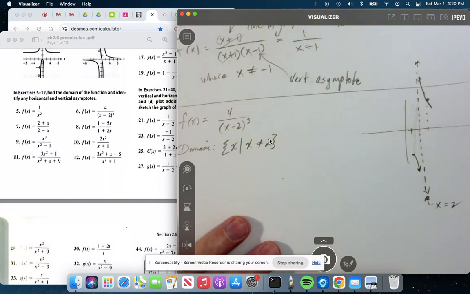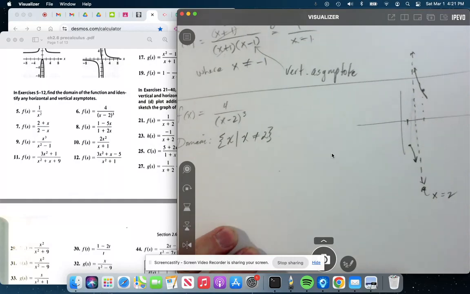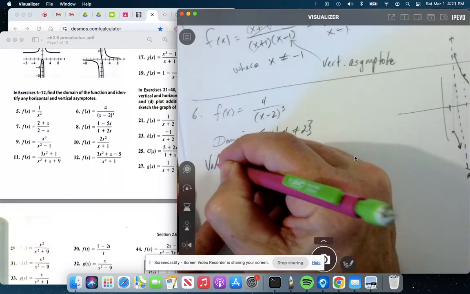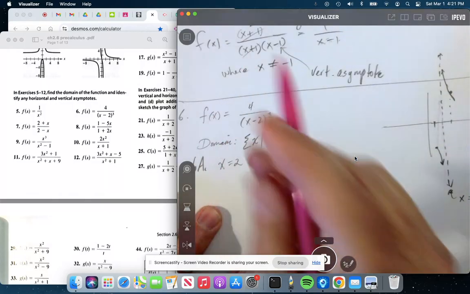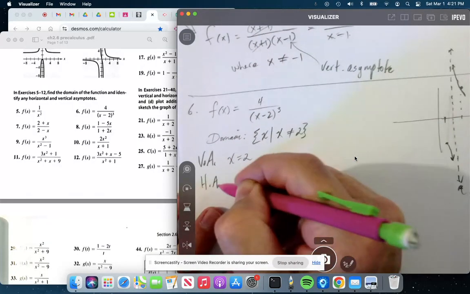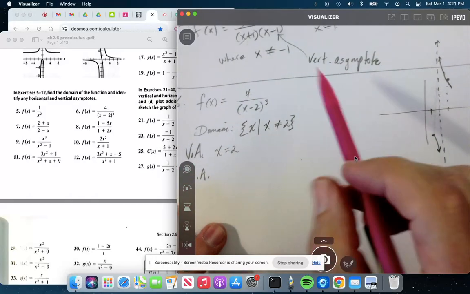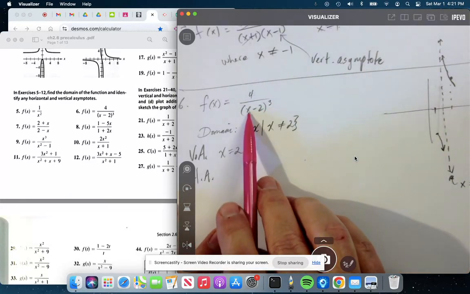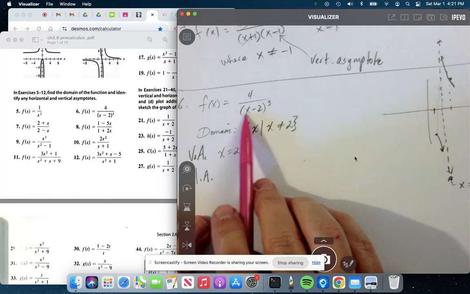Now, what about horizontal asymptotes? So I've got a vertical asymptote. I'll just say VA for vertical asymptote is x equals 2. What about horizontal asymptotes, which I'll call HA? Well, that has to do with as x gets very large. And as you can see, as x gets really big, the bottom of this fraction is going to get really big.